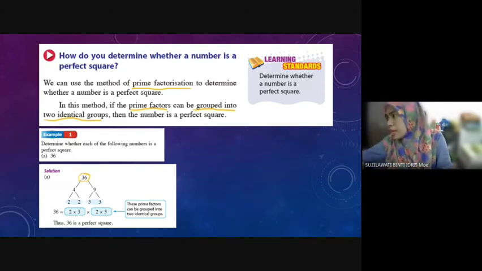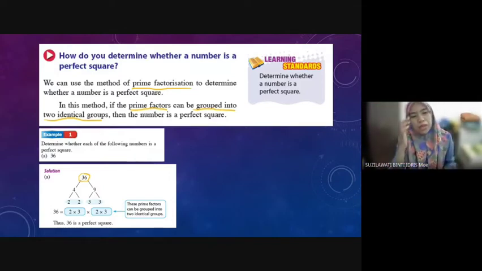Okay. First, you need to determine what two numbers can be multiplied to get 36. In this example, it is stated here: 4 multiplied by 9. 4 multiplied by 9 equals 36.